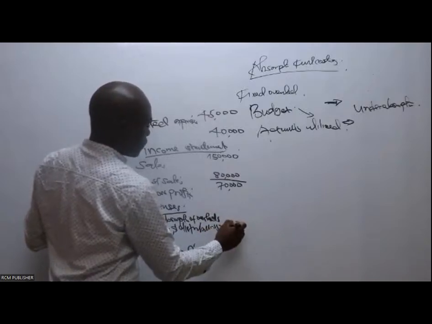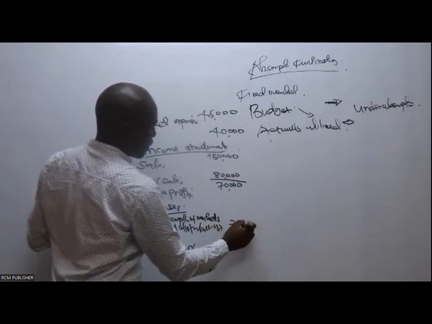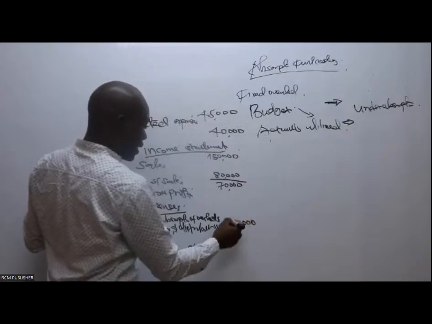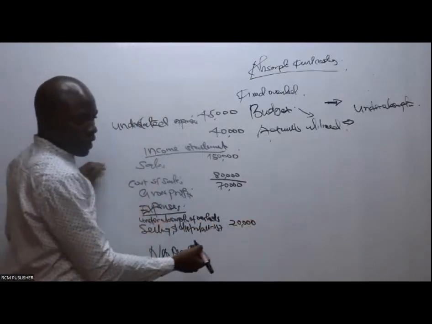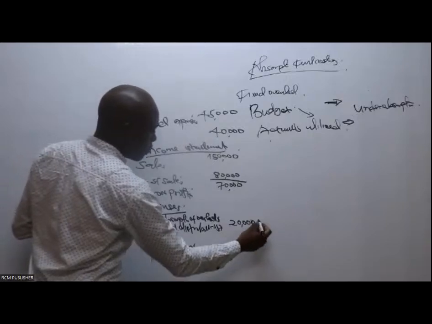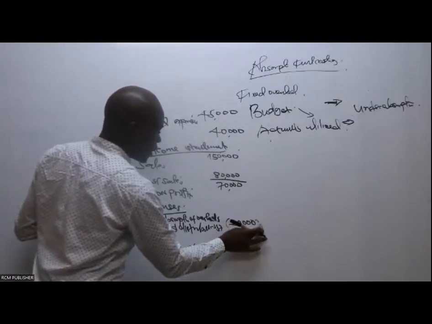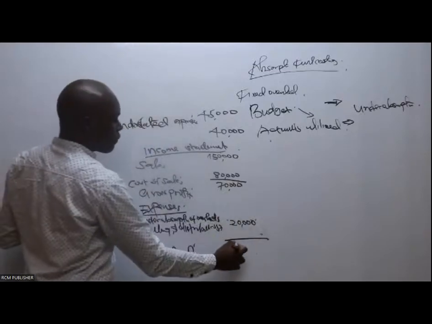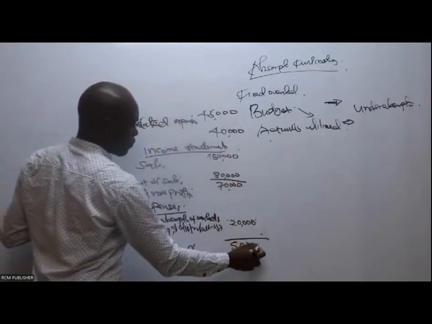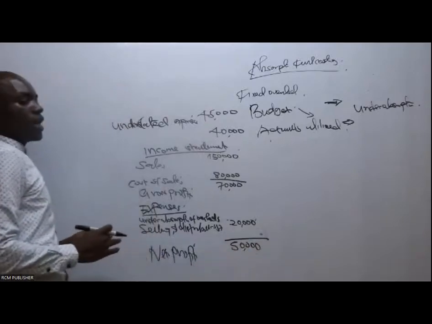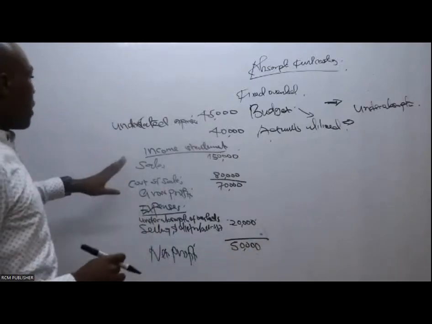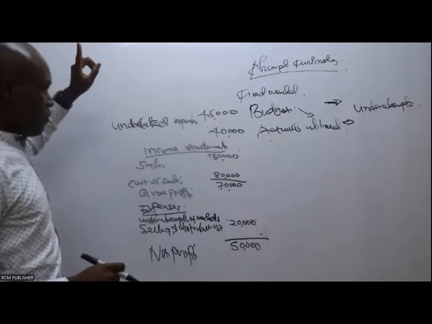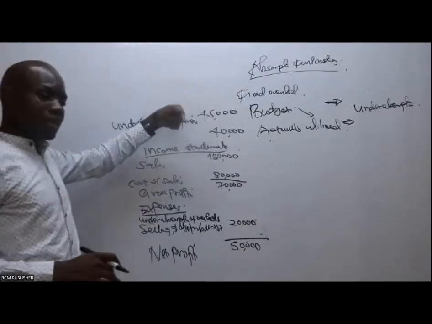Let me use 20,000. Yes, I have 20,000 here as an expense. So when I come down here, my net profit automatically becomes 50,000.